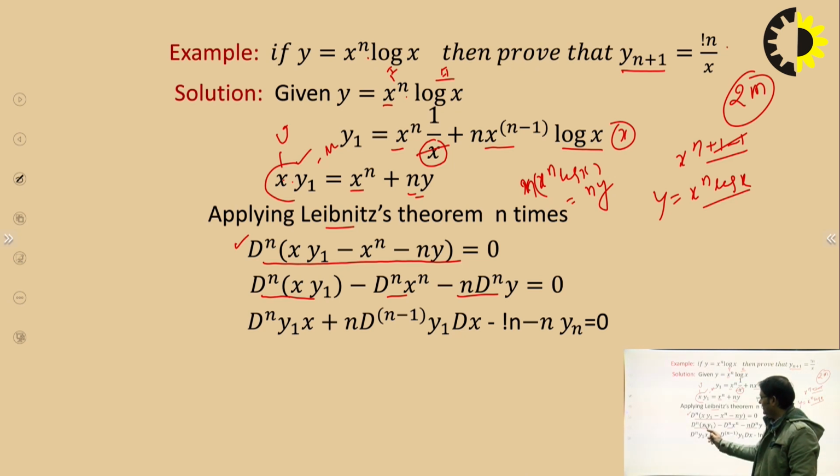You must take the n time differentiation on y1. You must keep the x unchanged. In the second term, this is the value of nC1. It is common in every Leibniz question. Now you must take the n minus 1 time differentiation of y1 and you must differentiate your x 1 time with respect to x. Then see, one more thing is there, student.